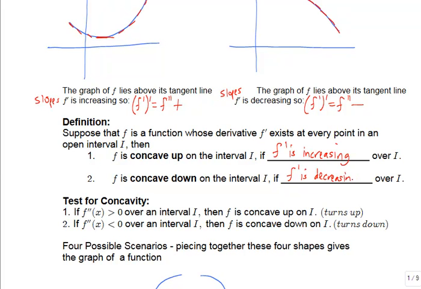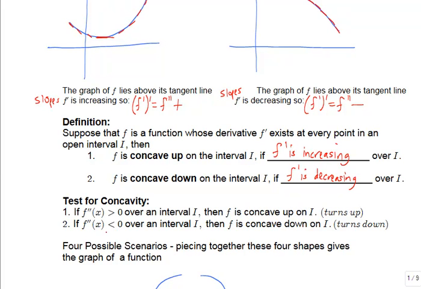And those definitions imply our next test for concavity. If f prime is increasing, that means its derivative, which would be the second derivative, needs to be positive. So if the second derivative is greater than 0, then we say that the function is concave up. And if we want f prime to be decreasing in order to be concave down, then the derivative of f prime, which would be f double prime, needs to be negative.